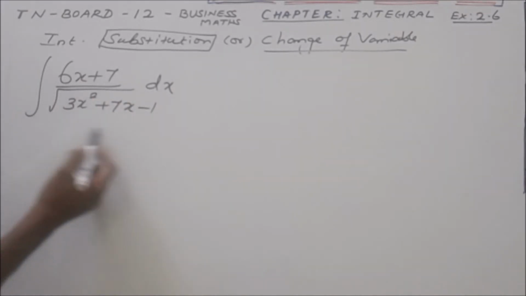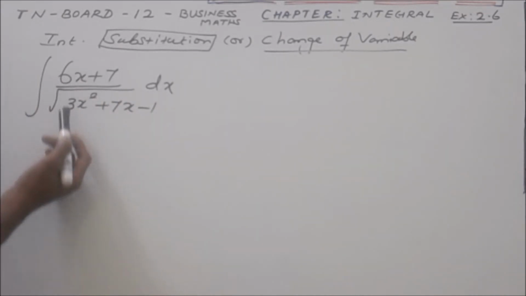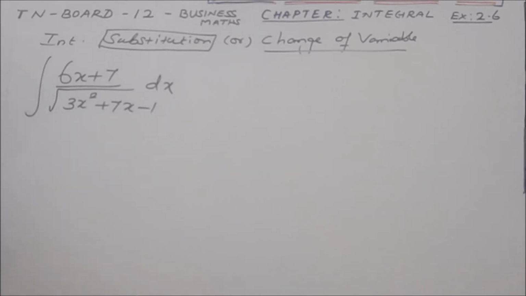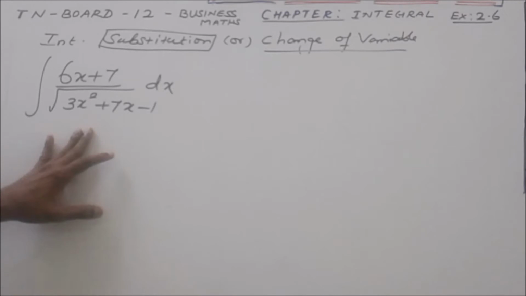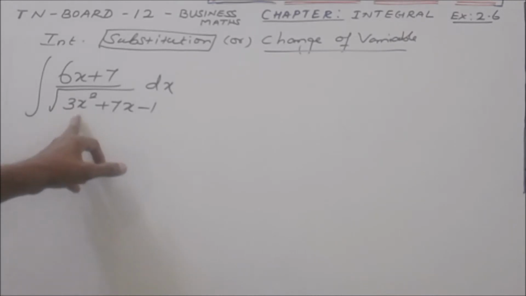Check out the denominator within the square root, 3x square plus 7x minus 1, and find its derivative. It is equal to 6x plus 7, which appears in the numerator. For these types of cases I have given formulas to you.